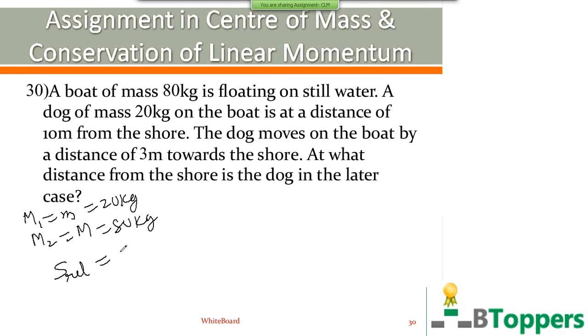The magnitude of the relative displacement of the dog that moves on the boat with respect to the boat is 3 meters. You can solve the problem by two ways again. One method is by directly using the conclusion I have discussed in one of the special cases earlier. Otherwise, you can also do it from basic equations.